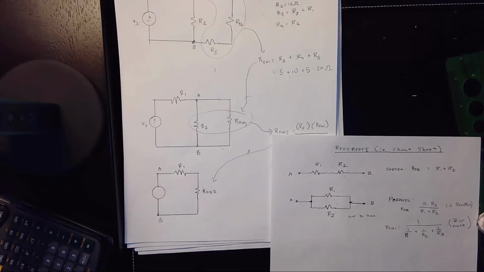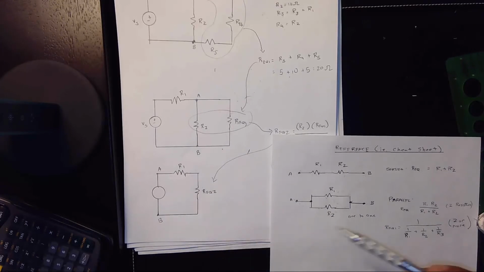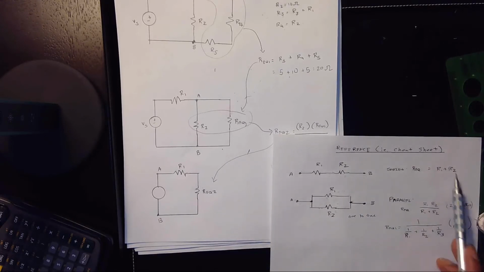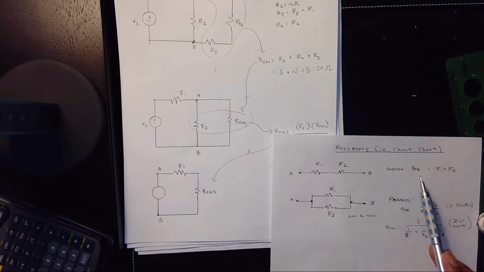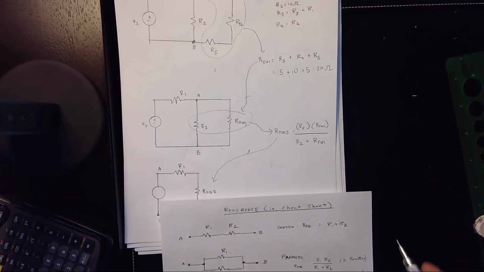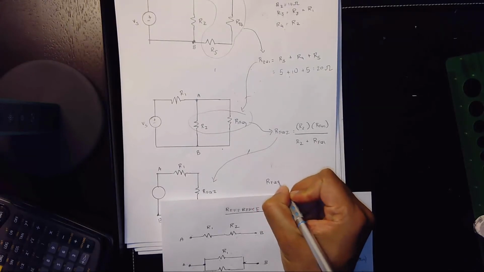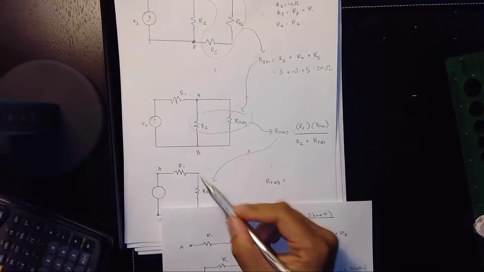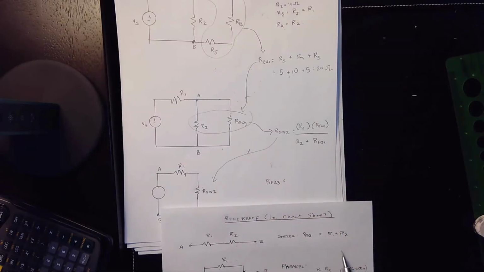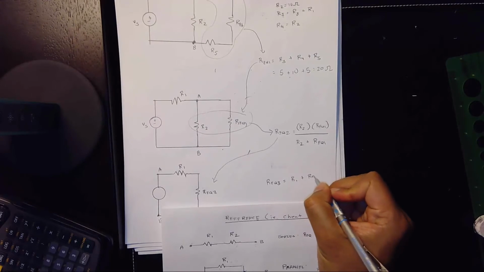Now, does this look like this going from A to B? No, it's not branching. It looks like that. So your equation will look like this. I'll write it below so you can see it. REQ3 is R1 plus REQ2, just like here. R1 plus REQ2.